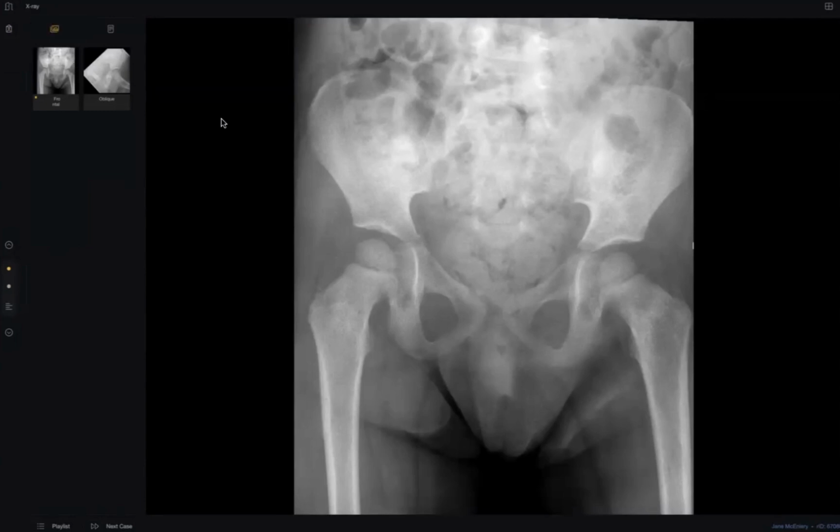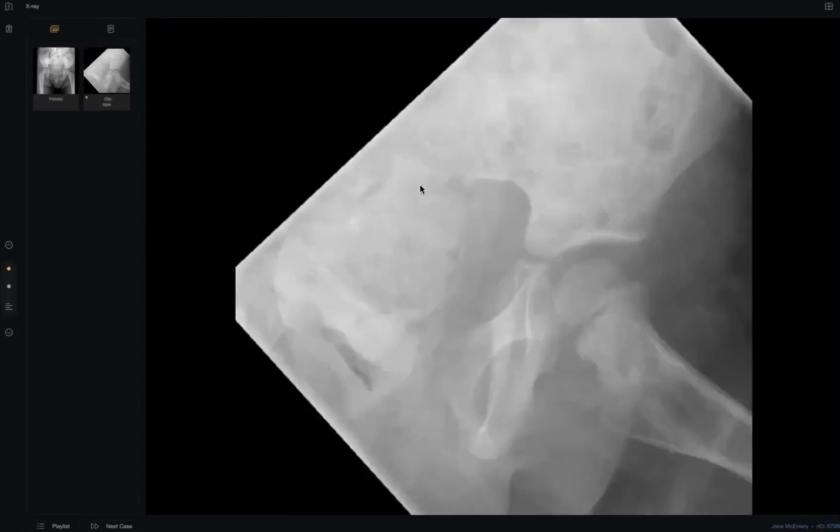Sir, I am provided with the X-ray pelvis, frontal projection of a skeletally immature patient, in which I can appreciate lucency noted in the left upper femoral shaft. I would like to review it on the orthogonal view if available.